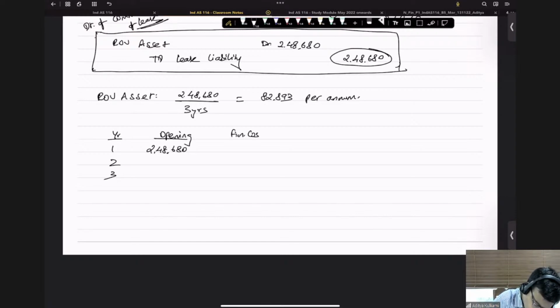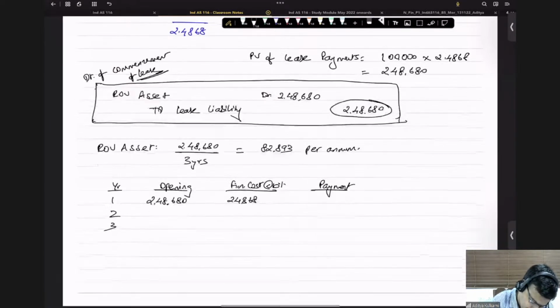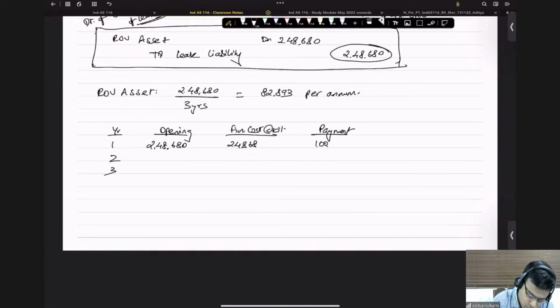Finance cost at the rate of 10% comes to 24,868. Payment is going to be how much? Sir, I'm paying off 1 lakh, right? Yes, I'm paying off 1 lakh. So closing balance is going to be how much?